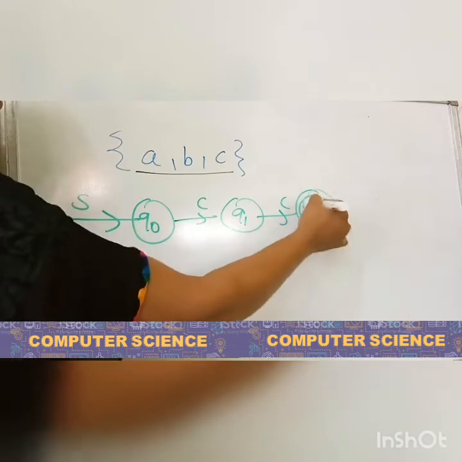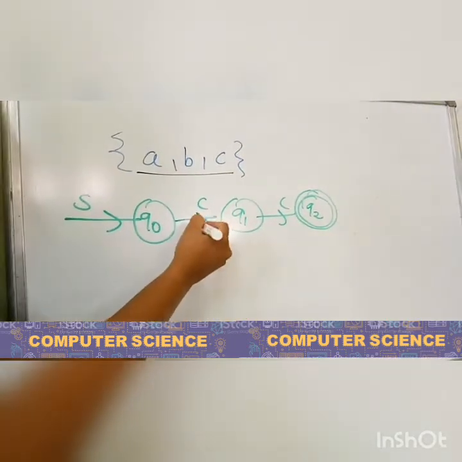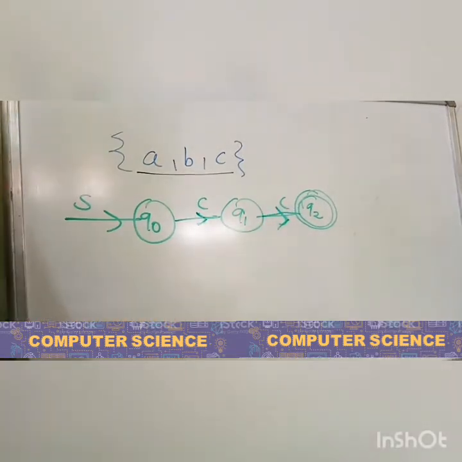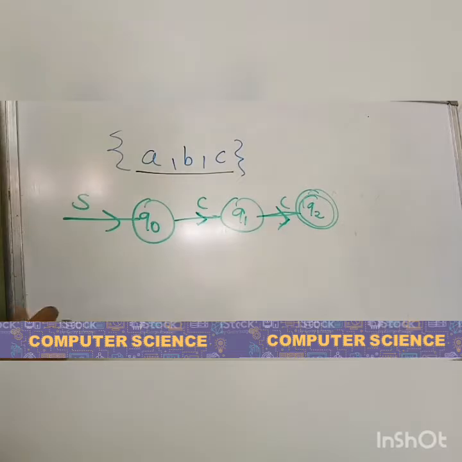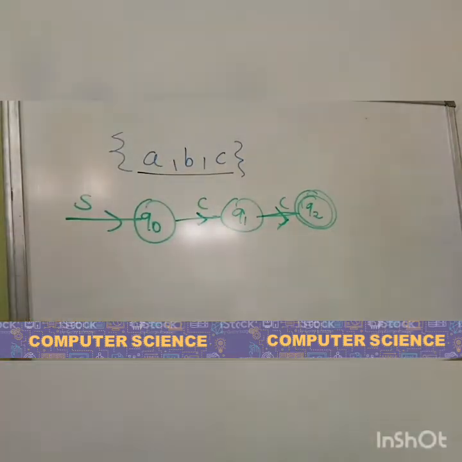Then, as we will see here, C's are counted only 2 times. So what will be the next steps for the remaining A and B?